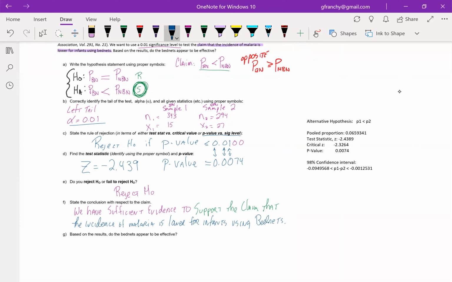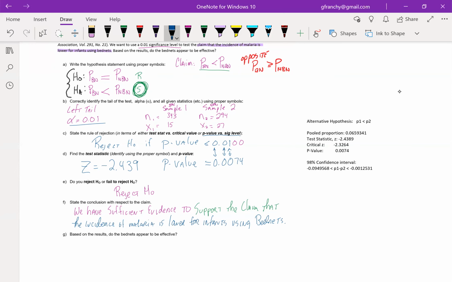So now that we've written our conclusion with respect to the claim in its 3 separate pieces, it's best to go back and read it all the way through. We have sufficient evidence to support the claim that the incidence of malaria is lower for infants using bed nets. We rejected the null hypothesis. We rejected the idea that the proportions were the same for those using bed nets and those not using bed nets.